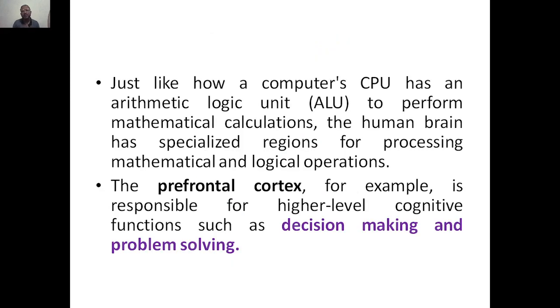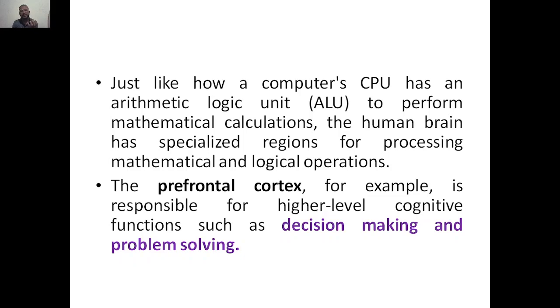Just like how the computer CPU has an arithmetic logic unit, which works based on Boolean algebra, that is called ALU. So the CPU has an ALU, the arithmetic logic unit, to perform mathematical calculations. Now in the human brain, specialized regions are there for processing mathematical and logical operations. Understanding?